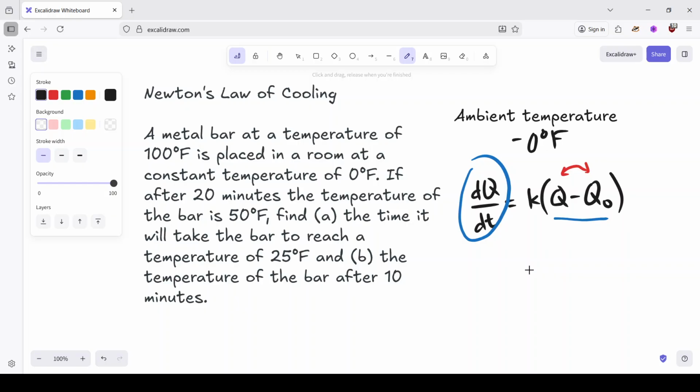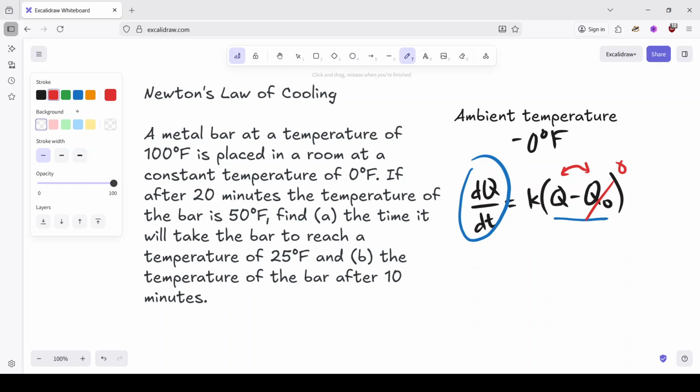So this will be our working equation. Another variable separable equation. Our ambient temperature in this case will be 0 Fahrenheit.